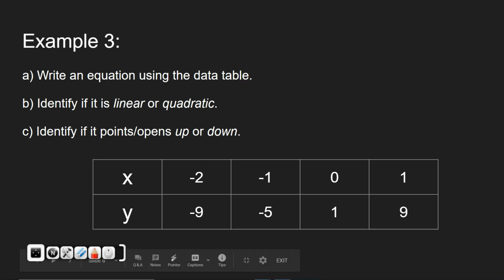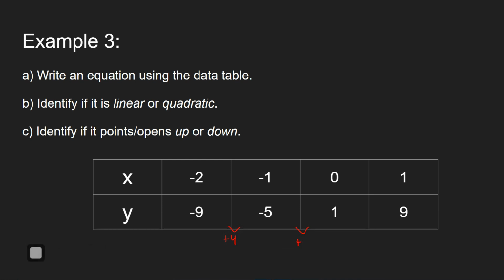My change in y is plus 4, then plus 6, and then plus 8. This is a change of plus 2, plus 2, which tells me that this is quadratic.